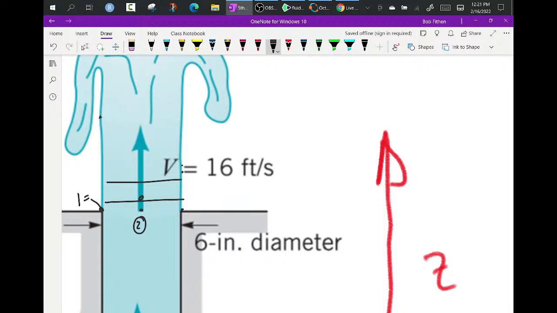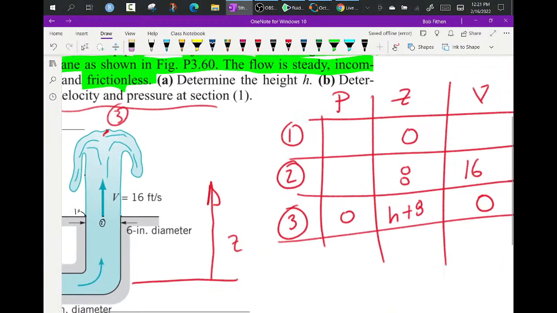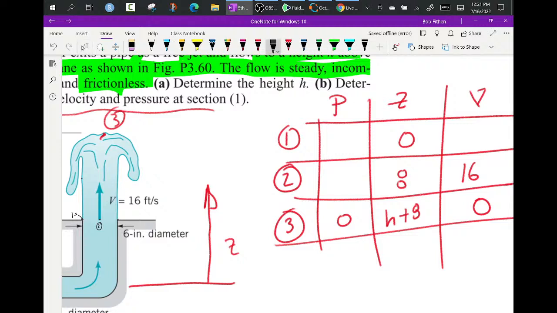Meaning if you plotted the pressure, it would be 0 all the way across. If it went up and down, then the pressure in the center would push the particles out, and that would create a dipole. And usually it doesn't happen on fountains that go up. It usually happens the reverse. So therefore, this is the case.